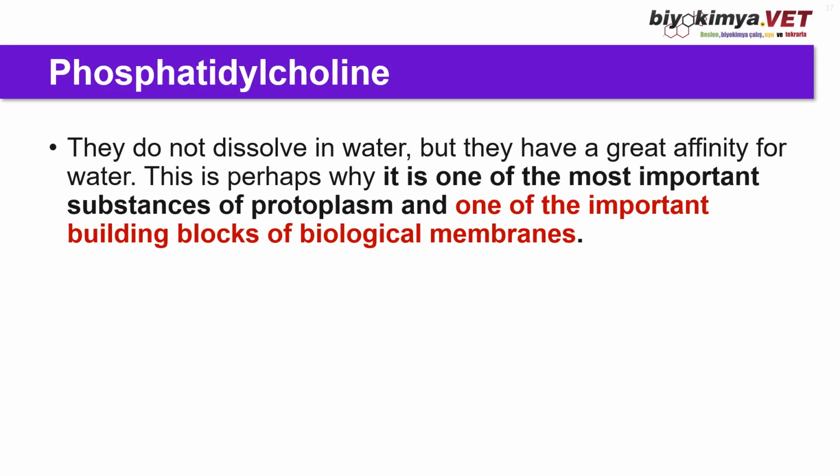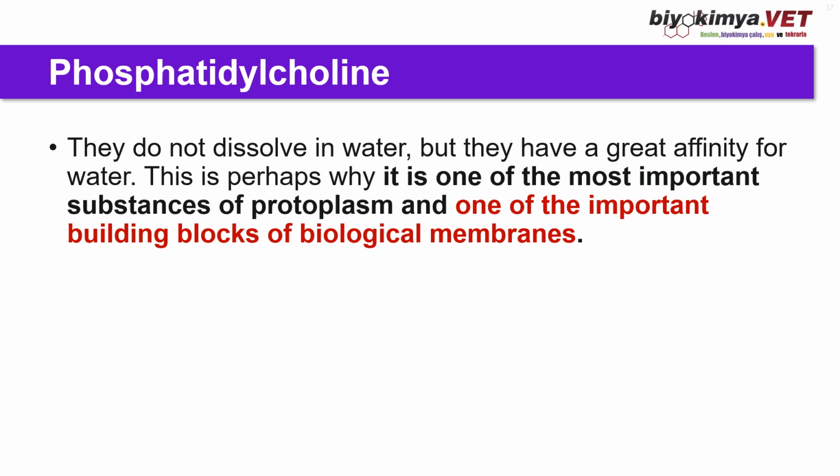They do not dissolve in water, but they have a great affinity for water. This is perhaps why it is one of the most important substances of protoplasm and one of the important building blocks of biological membranes.